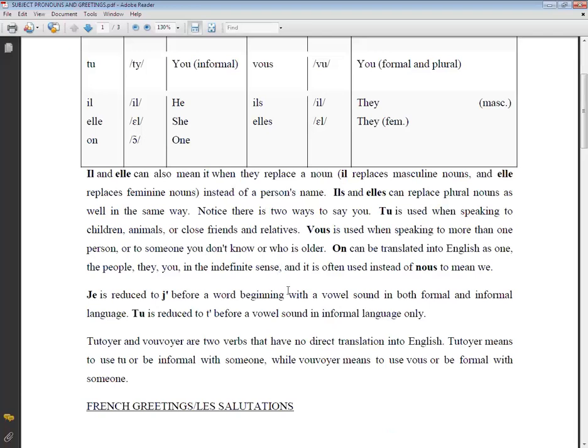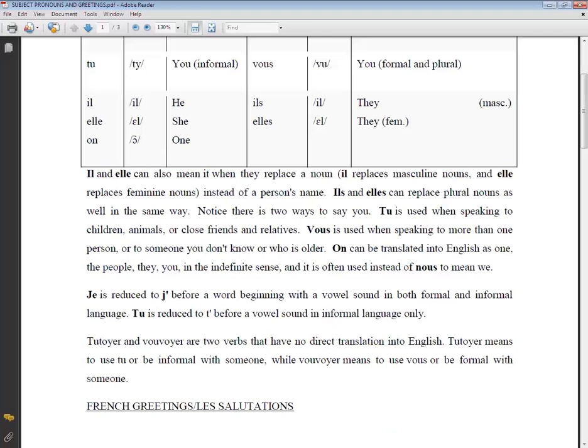But remember, there's nowhere it refers to what? To I. That is what I'd explained earlier, right? Continue. On is often used instead of nous to mean we. Remember, that one I brought out.